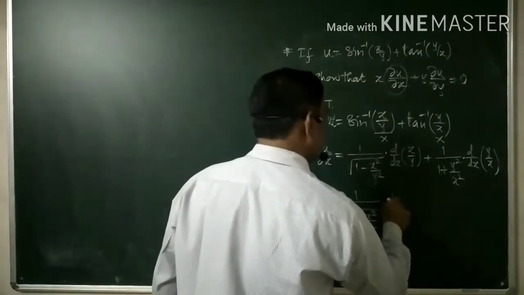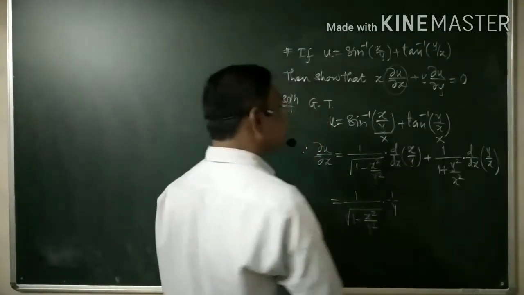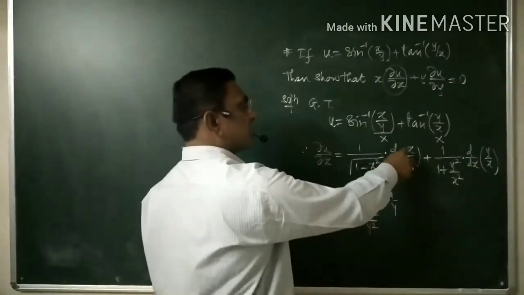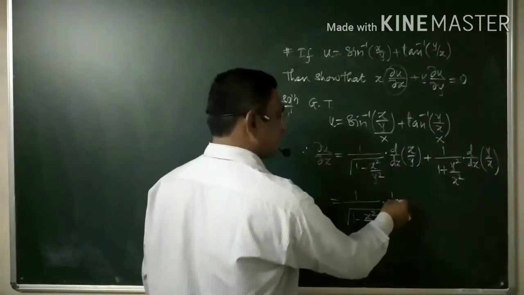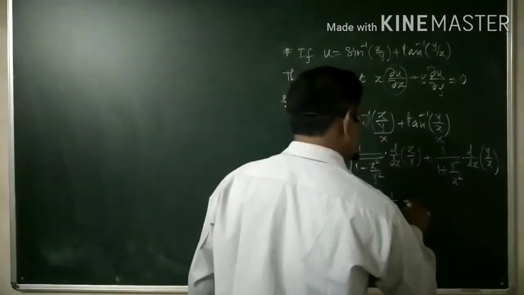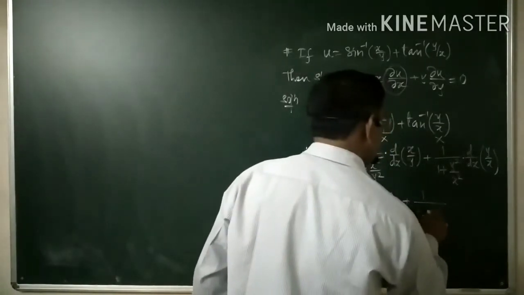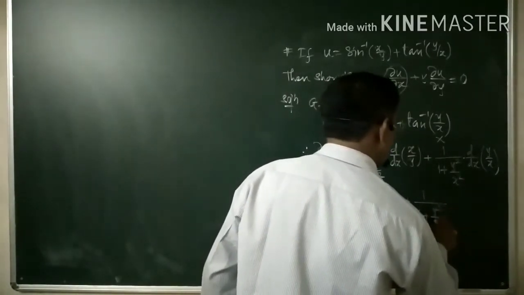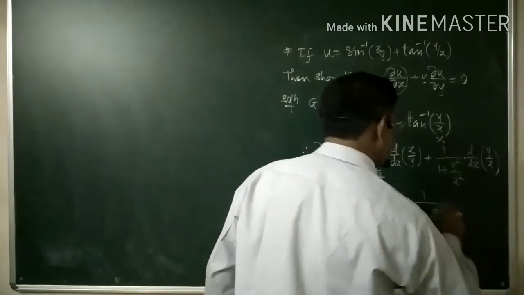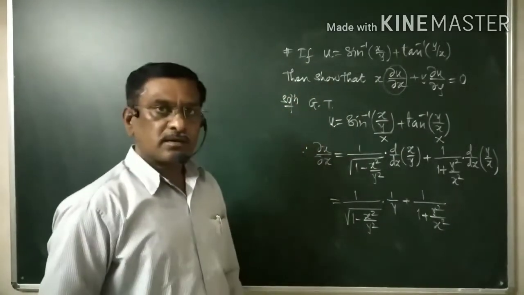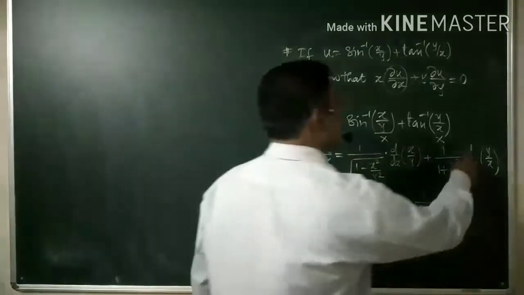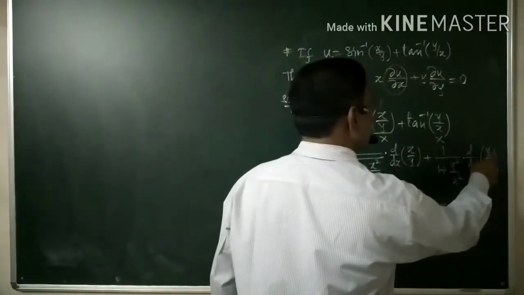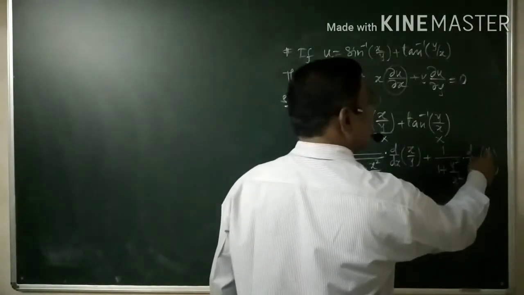Therefore, it is 1 upon y, because the derivative of x with respect to x is 1. And therefore, it is 1 upon y plus 1 upon 1 plus y square upon x square. Are you getting me? Yes. Then d by dx of y upon x.